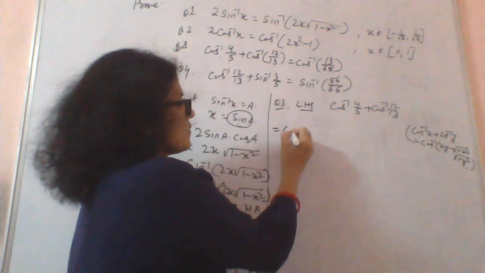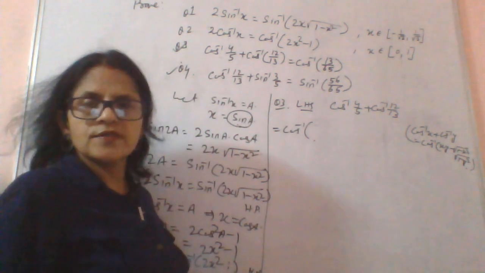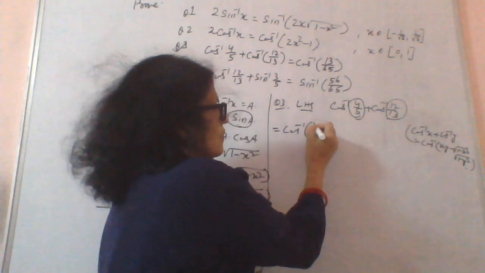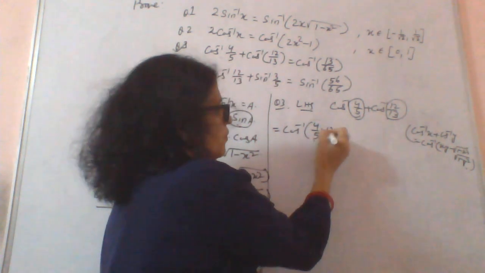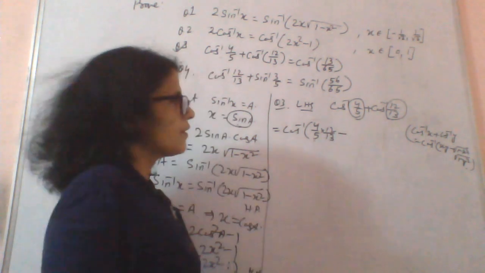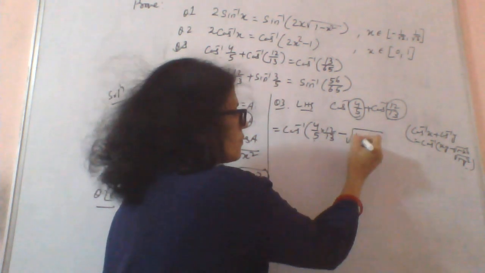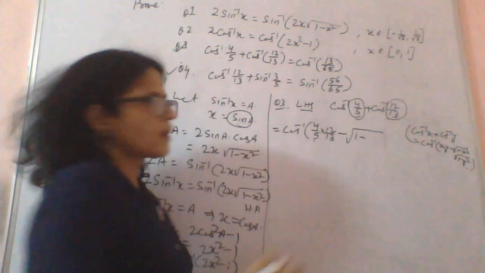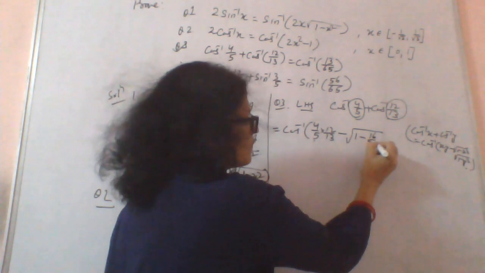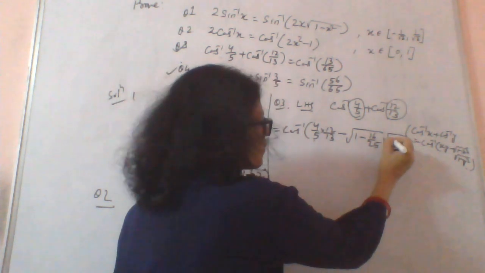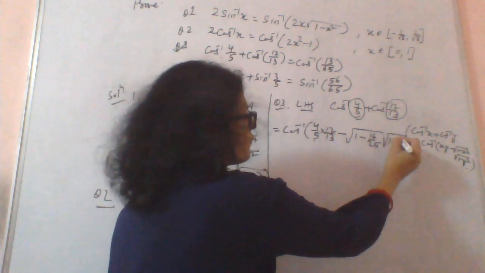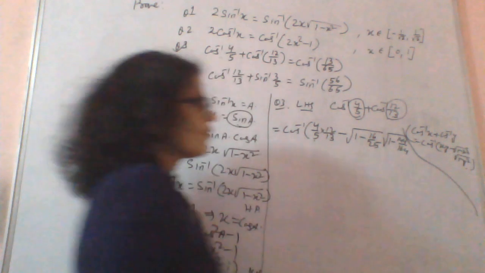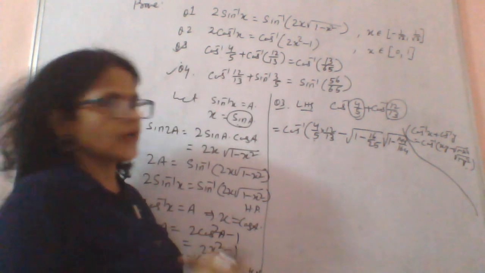Here it is cos inverse of x into y, that is 4 by 5 into 12 by 13, minus under root 1 minus 16 by 25 into under root 1 minus 144 by 169. I am using the formula directly.